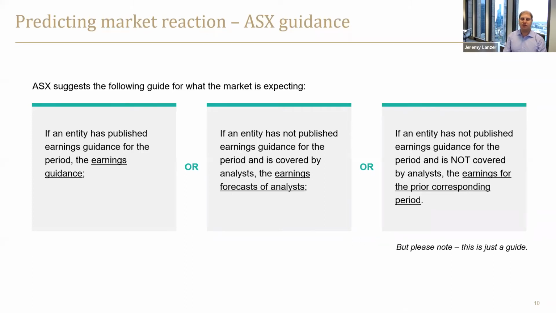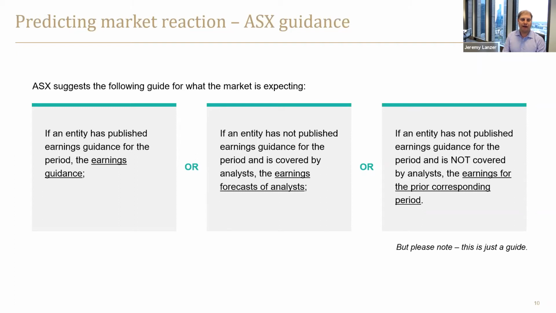And so in the absence of the company itself providing guidance, you would often look to what the analysts covering that stock are saying, and that will be considered the expectation of the market.